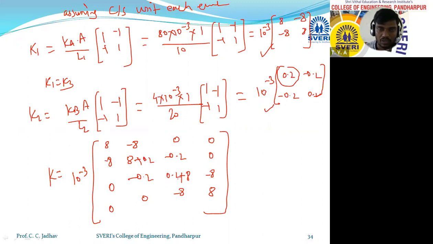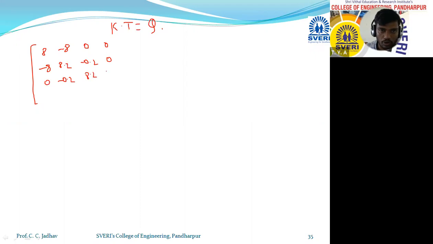Now after this, what was your thermal equation? K into T is equal to Q. What was your thermal matrix? 8, minus 8, 0, 0; minus 8, 8.2, minus 0.2, 0; 0, minus 0.2, 8.2, minus 8; 0, 0, minus 8, 8.